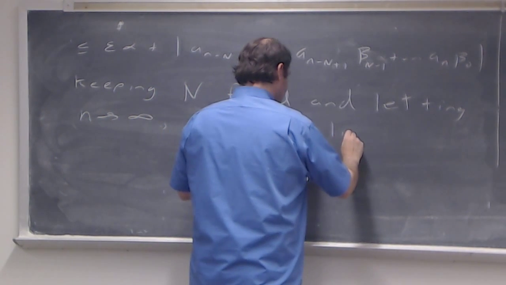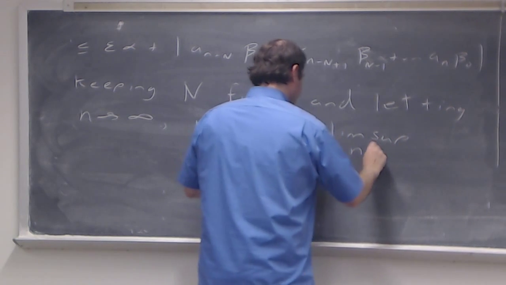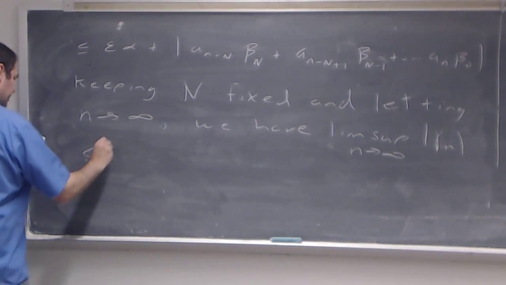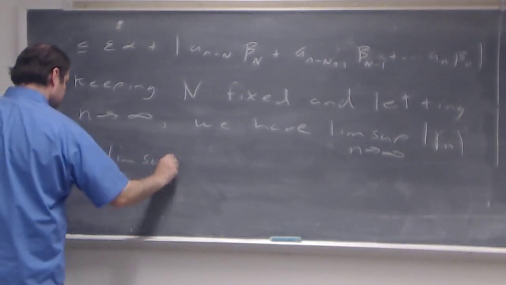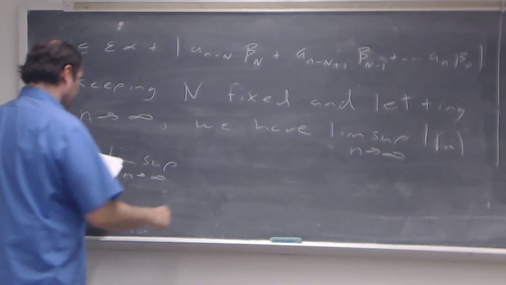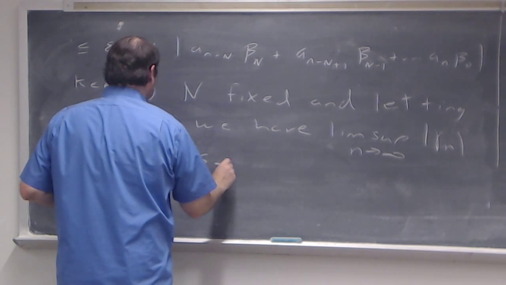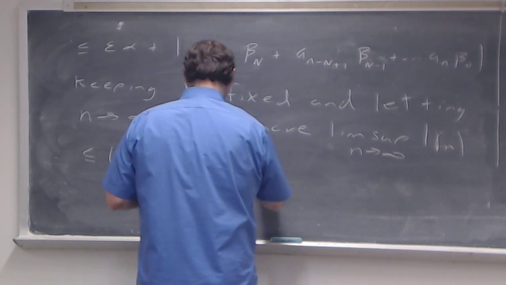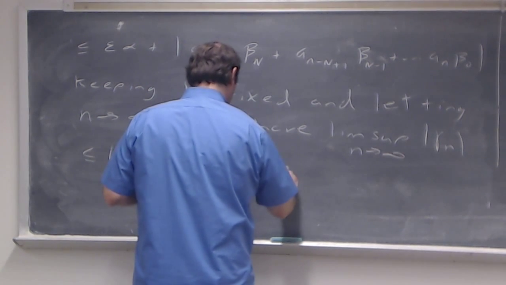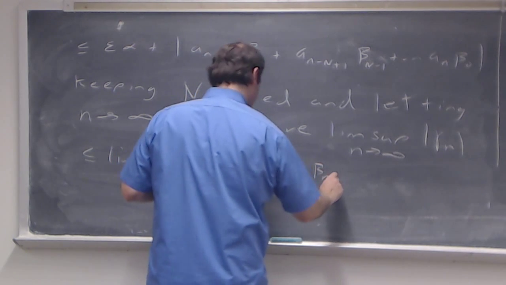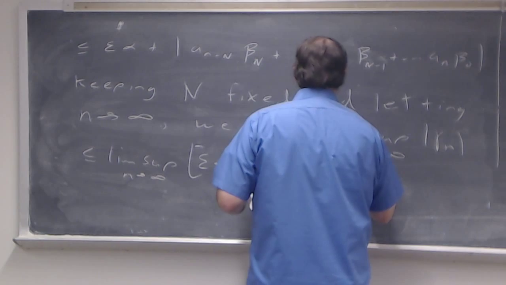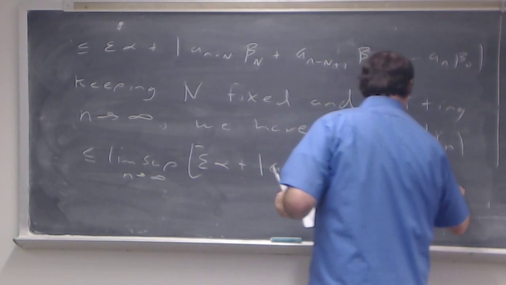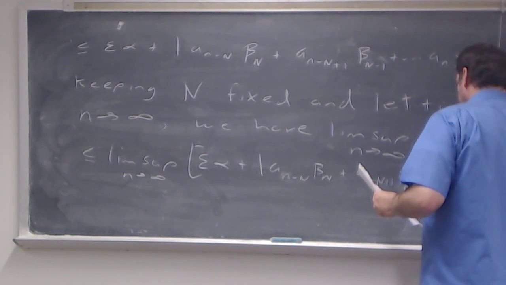so the lim sup as n goes to infinity of the absolute value of the gamma sub n's will be less than or equal to the lim sup as n goes to infinity of this quantity, epsilon times alpha plus a sub n minus big N beta sub big N plus a sub n minus big N plus 1 beta sub big N minus 1 plus all the way up to little a sub n beta sub 0.